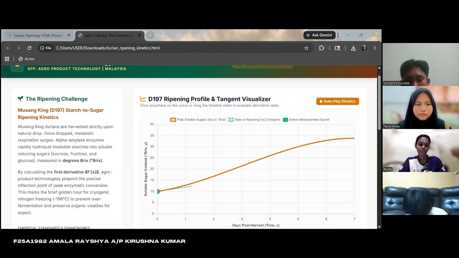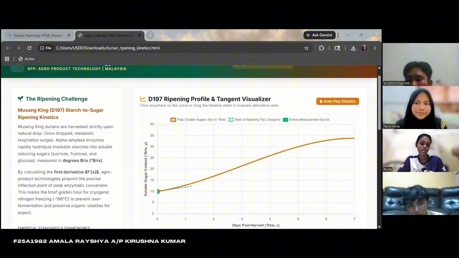If we catch the durian at the absolute peak, we can apply nitrogen freezing at negative 196 Celsius. This freezing immediately locks the durian metabolism, the premium custard texture, and traps the sulfur compounds that give Musang King its famous aroma.